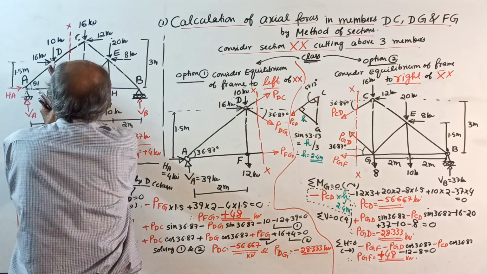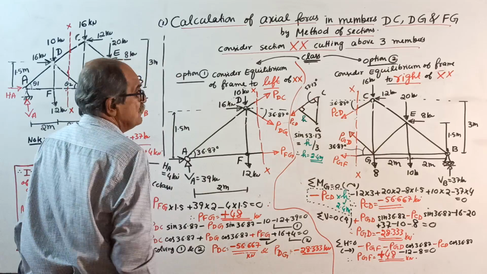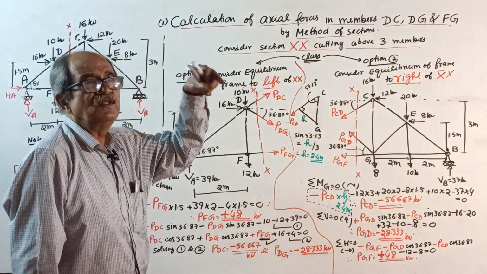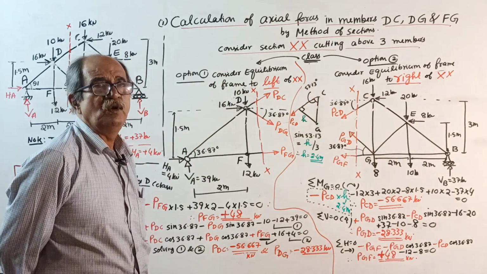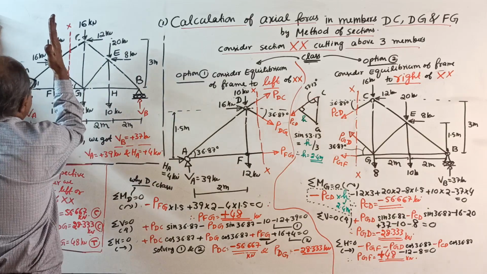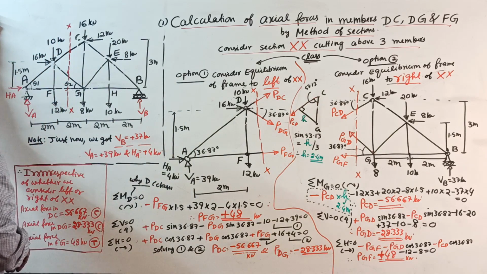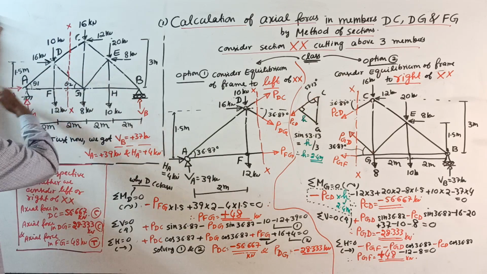Or if you consider the right side, the axial forces of these three members that act on the joint from this side should be marked. That's all I told earlier. In simple language, you are cutting here. Which side is better?